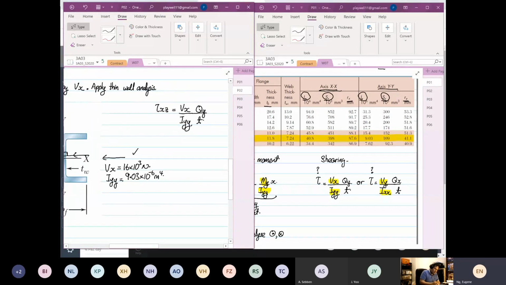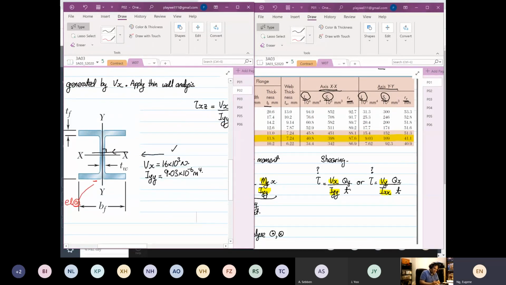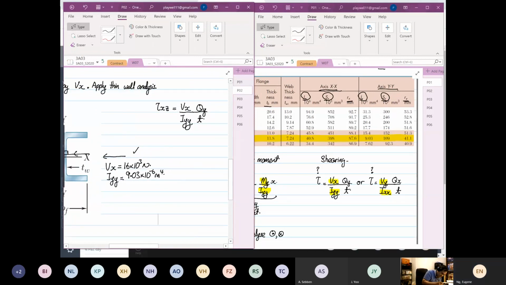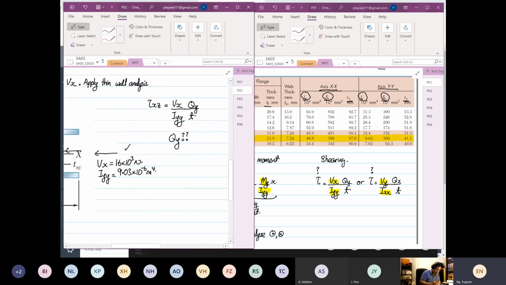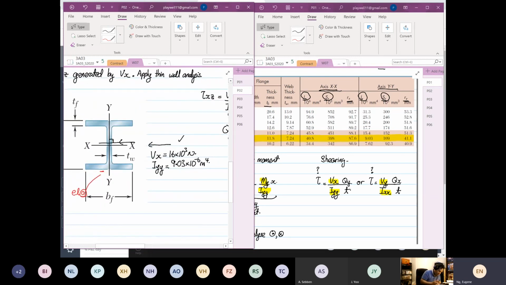And then always the killing part is your Qy. What is this Qy? It's like, after you do so much, this value, the thickness, later on we talk about it, or in fact we can solve the thickness.